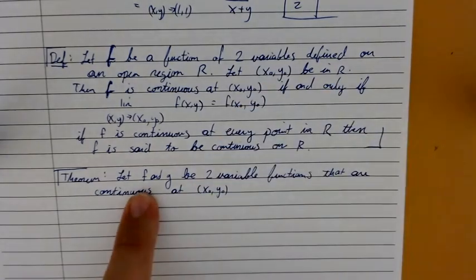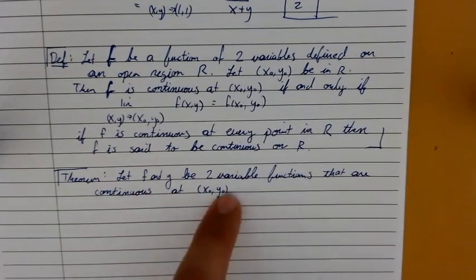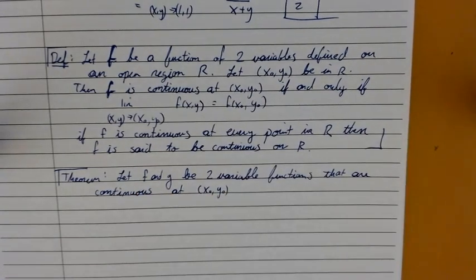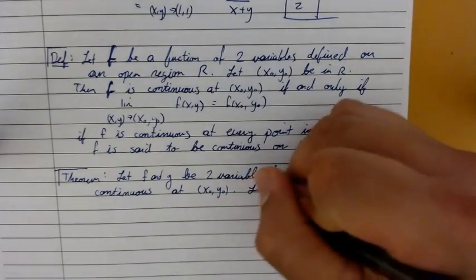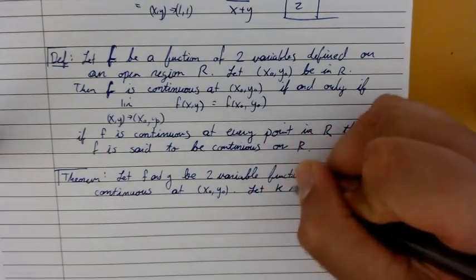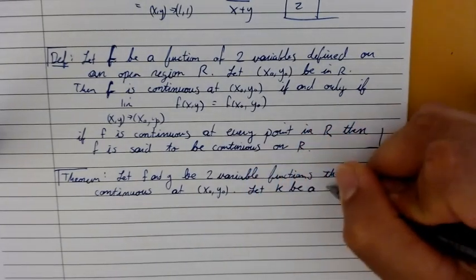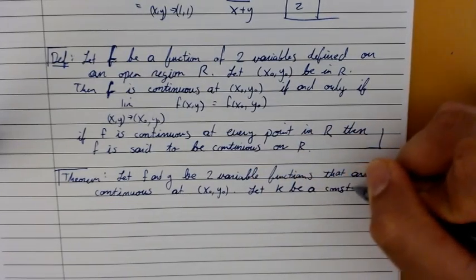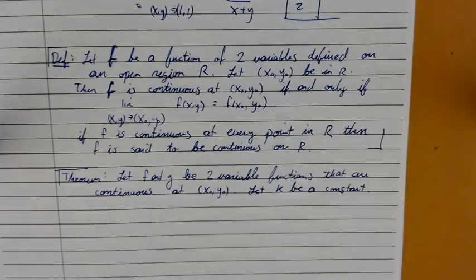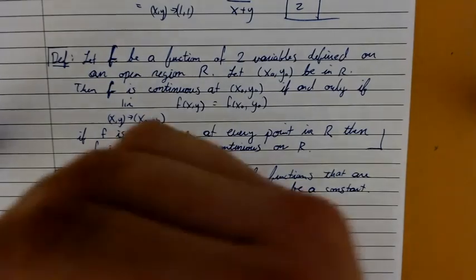So f of x, y and g of x, y, both of them are continuous at this point, whatever it might be. And let's let k be a constant, just some real number. Okay?